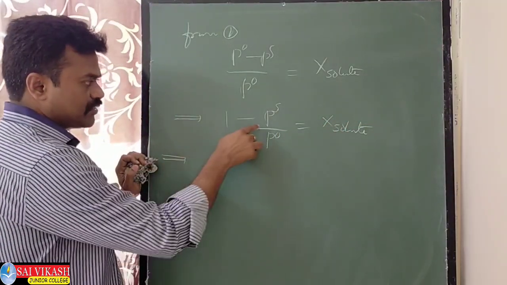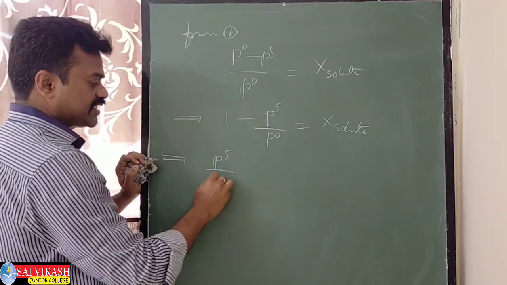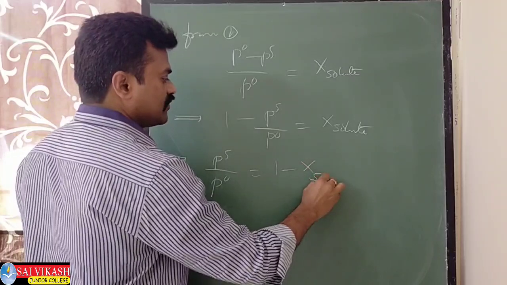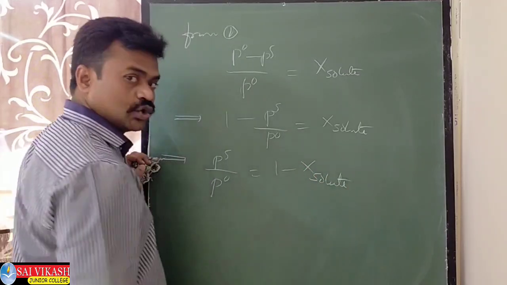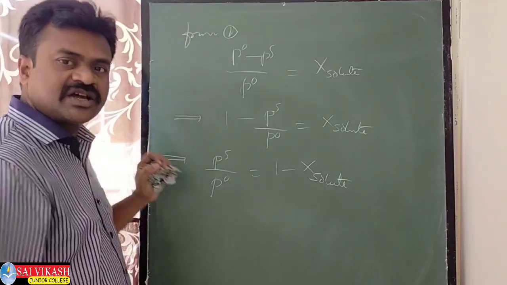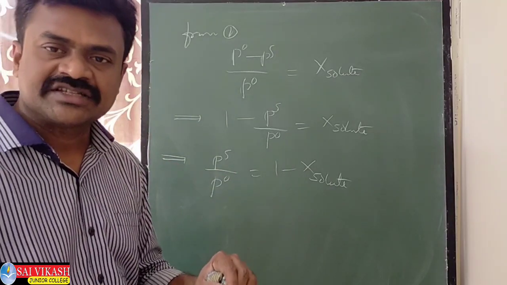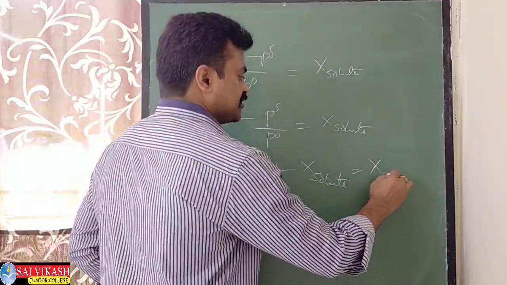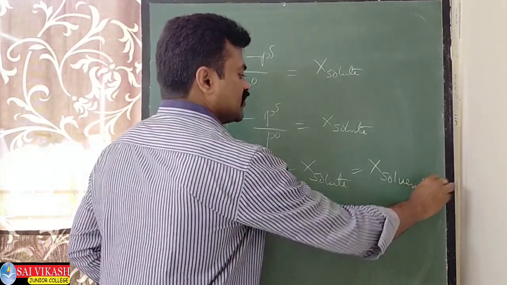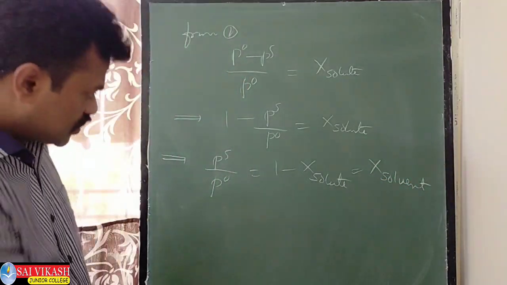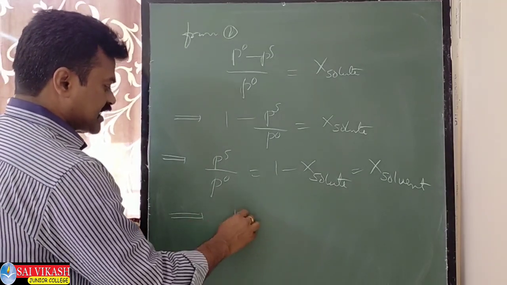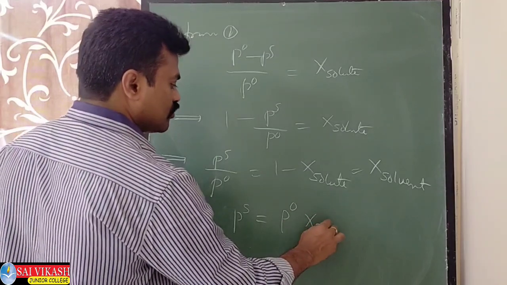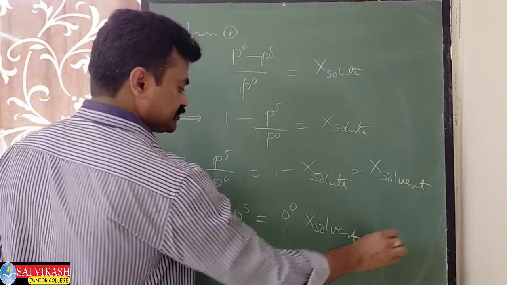So Ps by P naught equals 1 minus mole fraction of solute, which is nothing but the mole fraction of solvent. So Ps is equal to P naught into mole fraction of solvent.